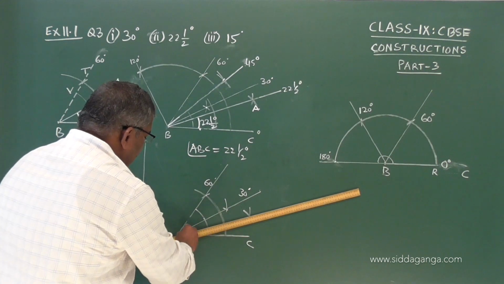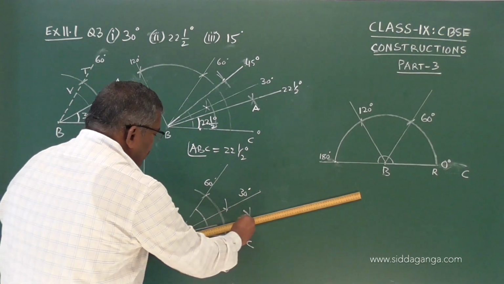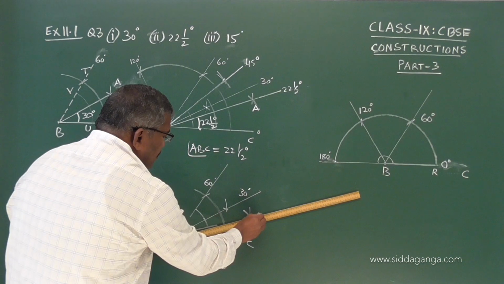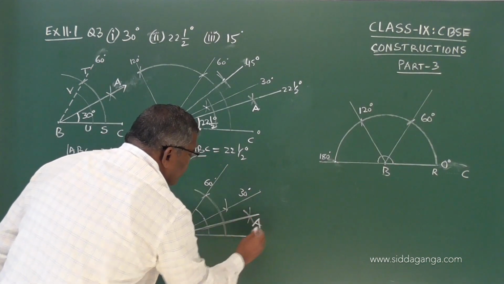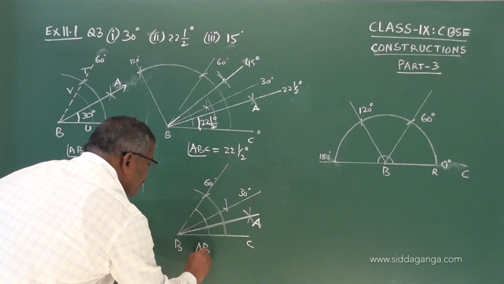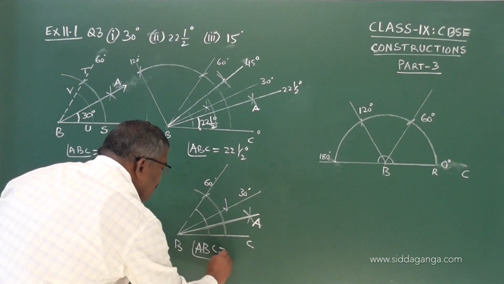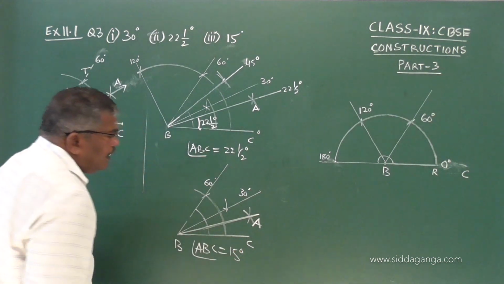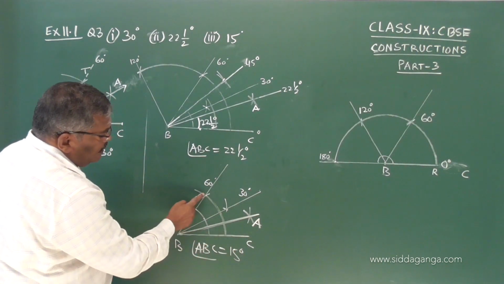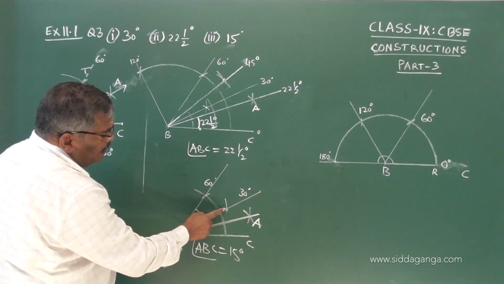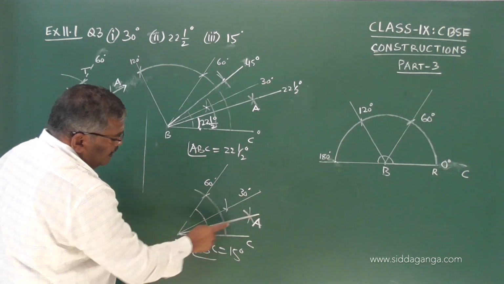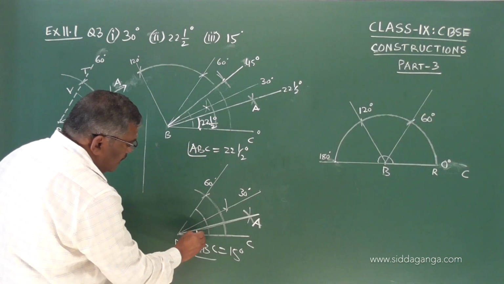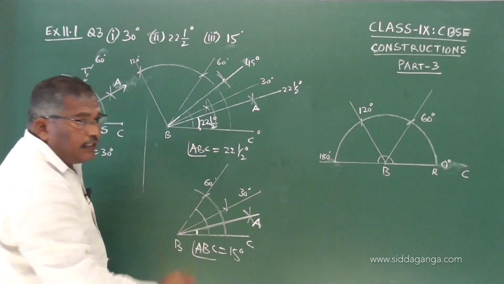So, now I will join this. So, I will call this as point A. Angle ABC in this case is equal to 15 degree. So, from here to here 60, and this is the 30-degree bifurcation line. 30 degree again I have divided, it is 15 degree. So, this angle is 15 degree.